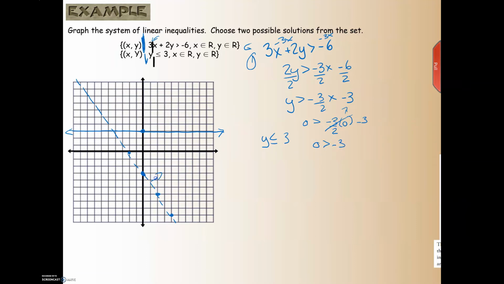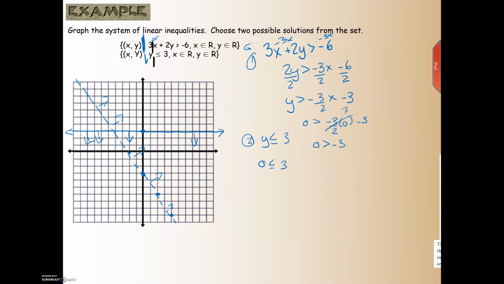So then all my answers are going to be above this first line. So I'm just going to put those arrows because I don't know where my answers are yet. Now for my second linear inequality, if I plug in 0, I get 0 is less than 3, which is true. So all my answers are below this line.